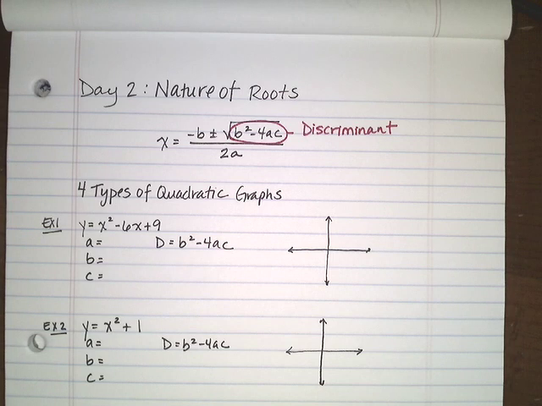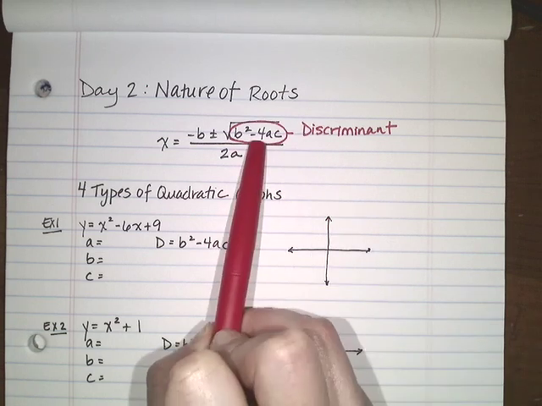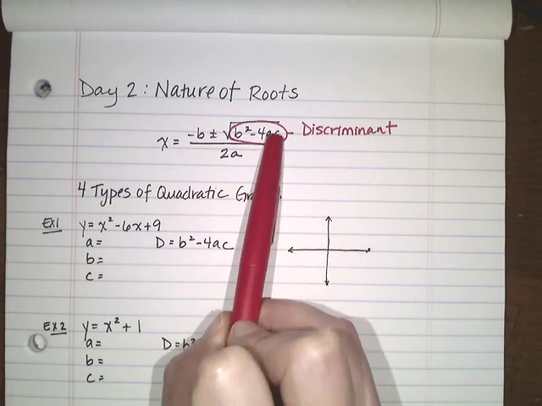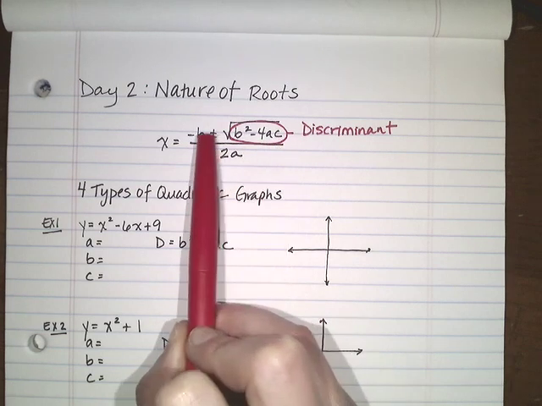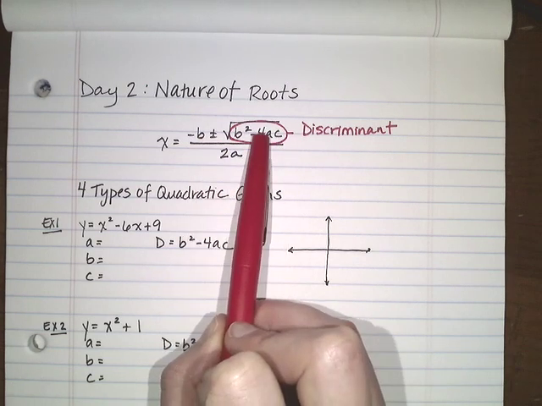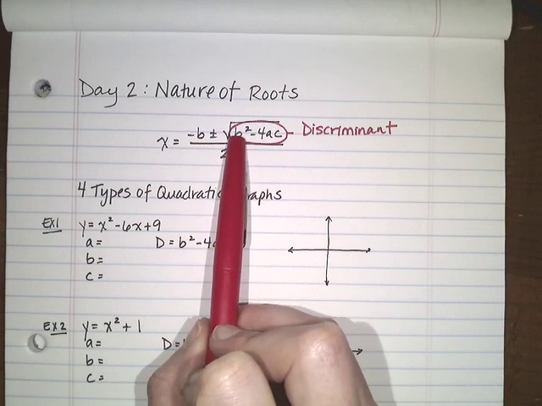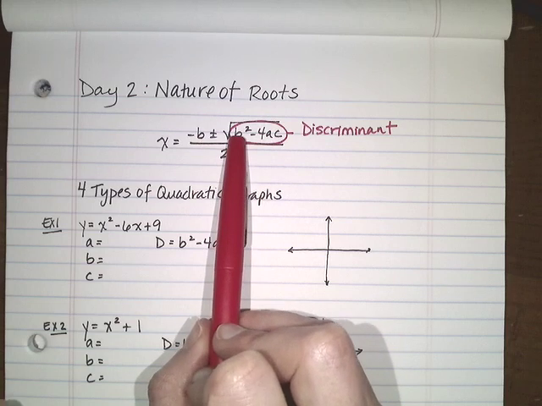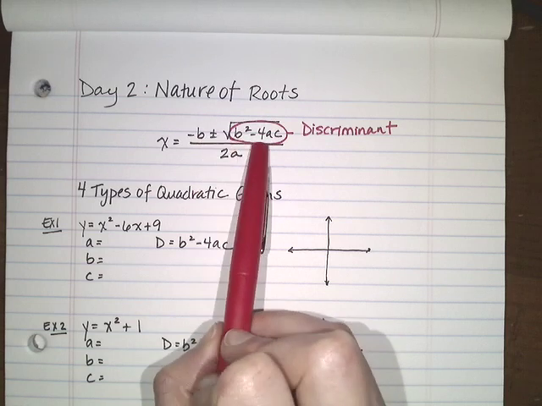So the discriminant is essentially what determines how the roots will look, okay? So, for example, if you take a square root of a nice number underneath here, like 9, you're going to get plus or minus 3. If you take the square root of a number like 12, that's not a perfect square, you're going to get a radical.